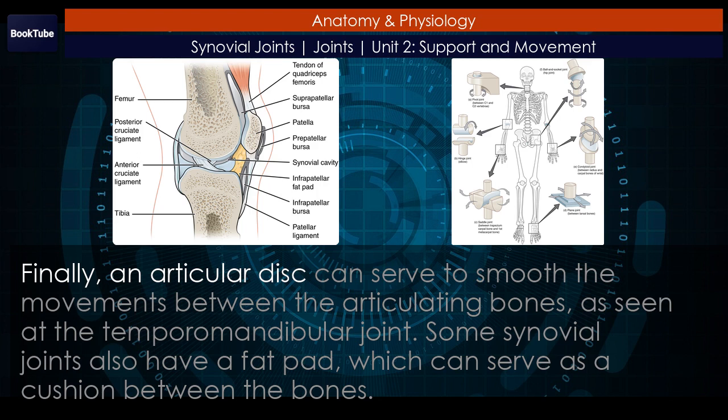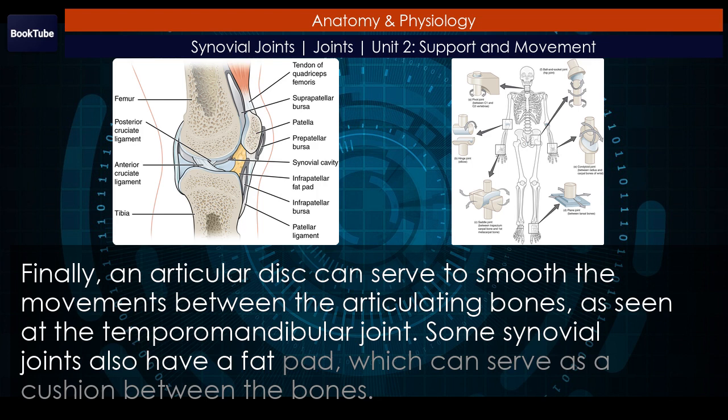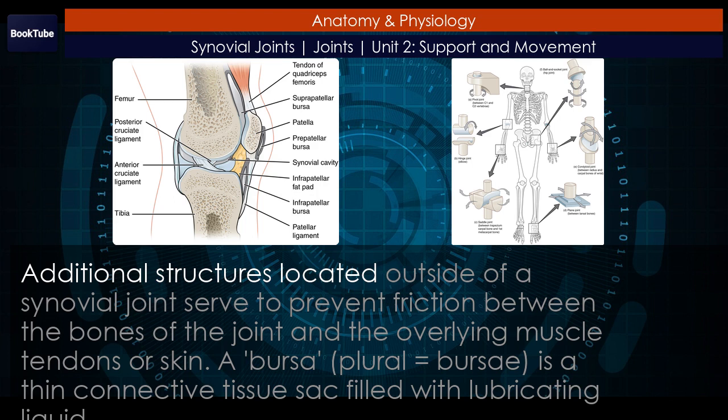Finally, an articular disc can serve to smooth the movements between the articulating bones. As seen at the temporomandibular joint, some synovial joints also have a fat pad, which can serve as a cushion between the bones. Additional structures located outside of a synovial joint serve to prevent friction between the bones of the joint and the overlying muscle, tendons or skin.